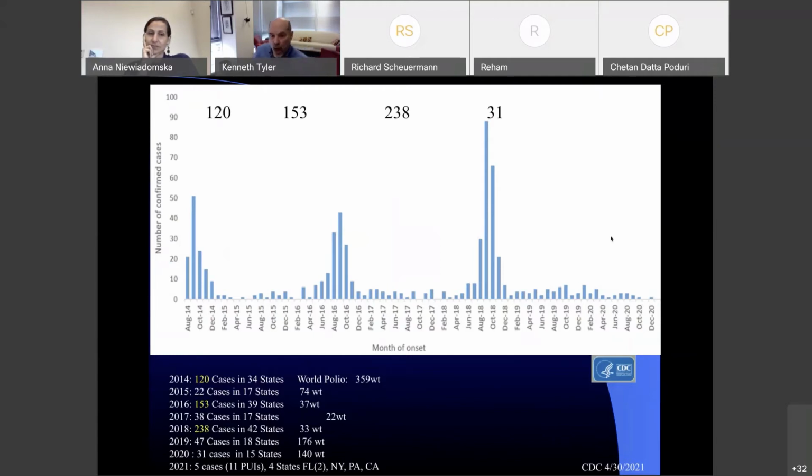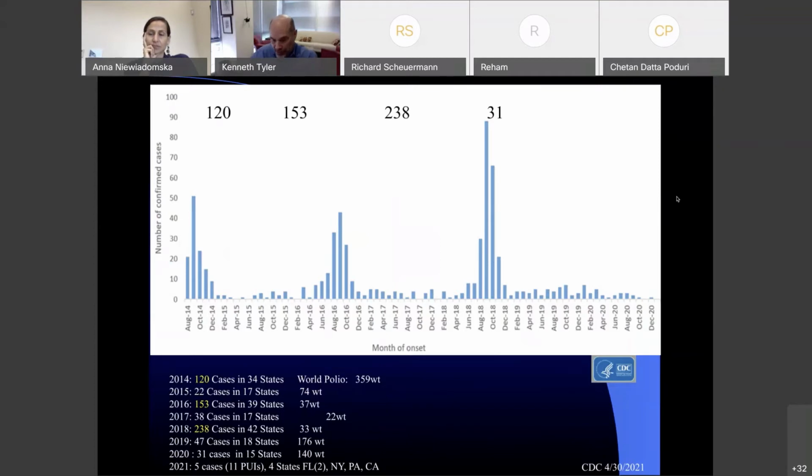And of course, we thought that 2020 would be an even bigger outbreak because each spike had more cases and involved more states. But in fact, it was stunningly quiet, just the basal level of cases. And I can tell you that 2021 so far has also been reasonably quiet. I think there are a total of 16 cases that are being investigated, 5 confirmed, 11 still under investigation.